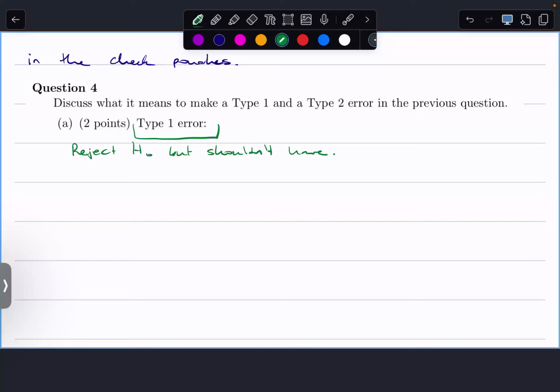And the type 2 error is when we fail to reject H naught, but it should have been rejected. FTR, failed to reject H naught, but should have rejected it.